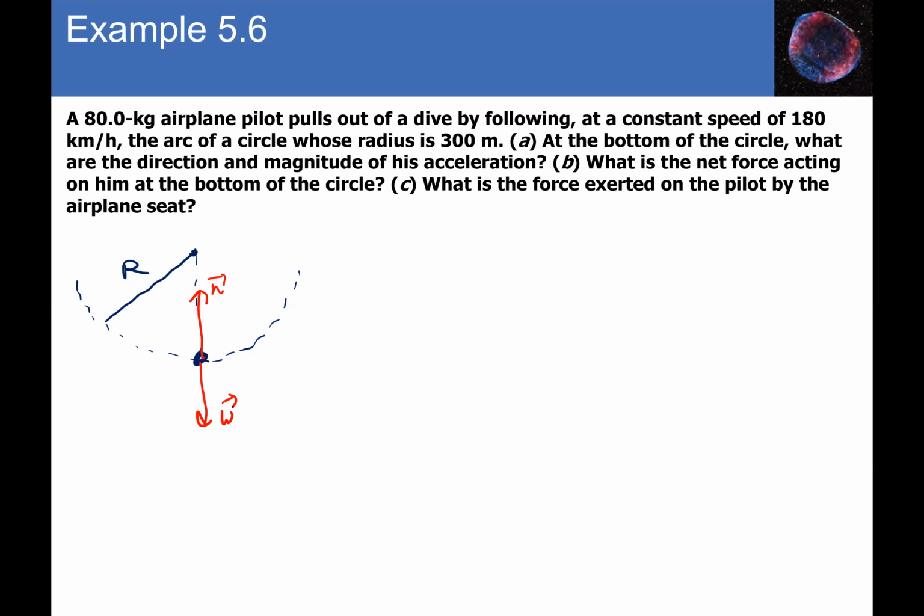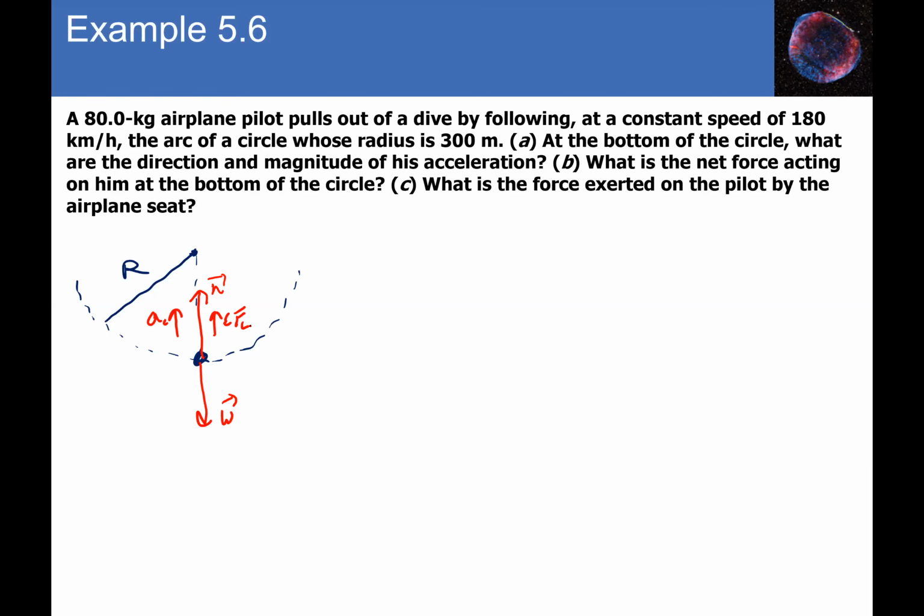Now, one thing we know is this: even though speed is constant, the pilot is undergoing a vertical circular motion. That means there has to be a net force in that direction to give us centripetal acceleration, right? So that has to be net centripetal force in that direction, right? Which means normal force has to be greater than weight. Okay.